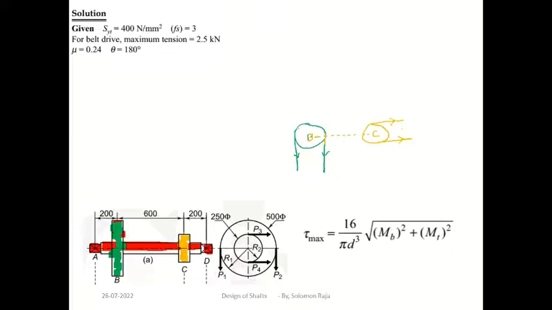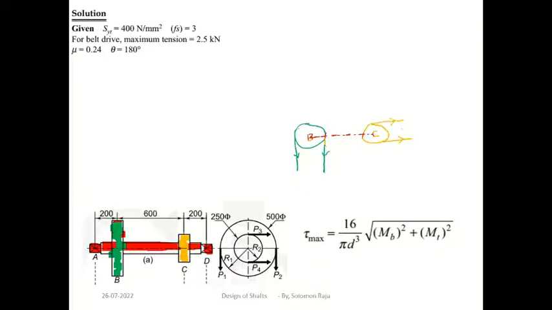In the same shaft, for example, if the red line is the shaft, two pulleys are there: first pulley B and second pulley C, and both are connected with some kind of belt arrangement. If you go to some rice mill or flour mill, you can see these kinds of pulleys, arranged in such a way that they transmit input power to other shafts.